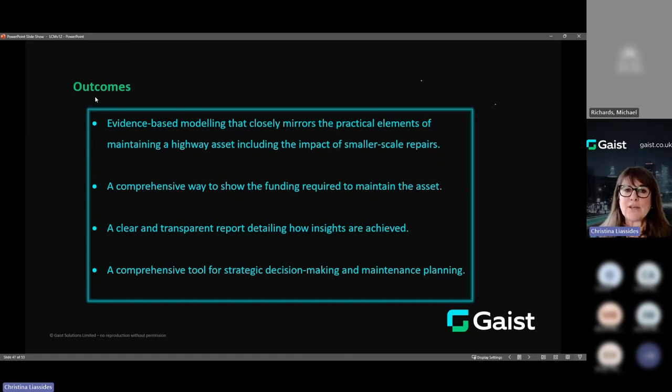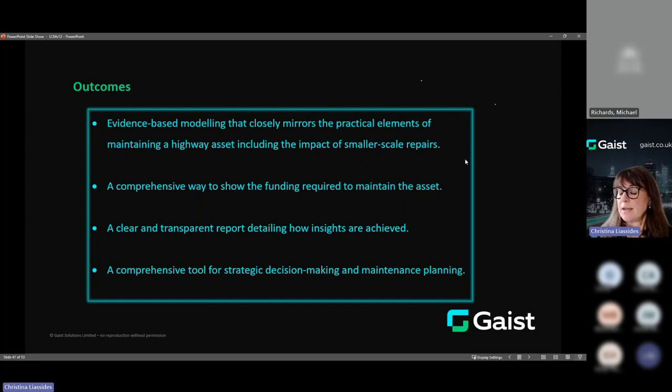Okay, so the outcomes. What are you looking for? So what you're looking for is evidence-based modelling. So that is important. That is something that's talked about a lot. You don't necessarily need loads and loads of data on your own behalf, but you do need to have faith that the data that is being used closely mirrors the practical elements of maintaining the highway asset. So the things that you do actually do on a daily and on a 4 to 5 year basis.